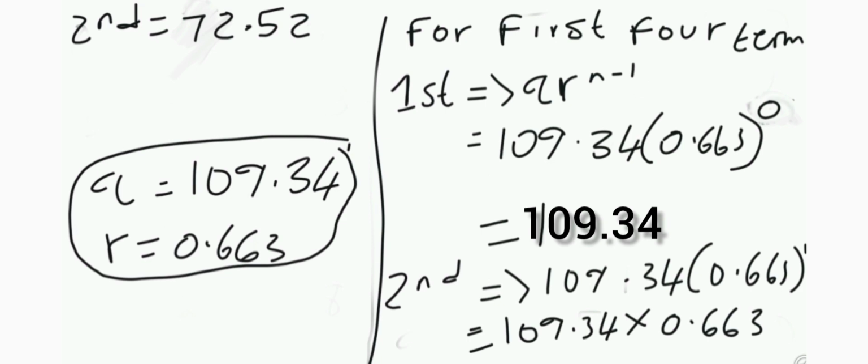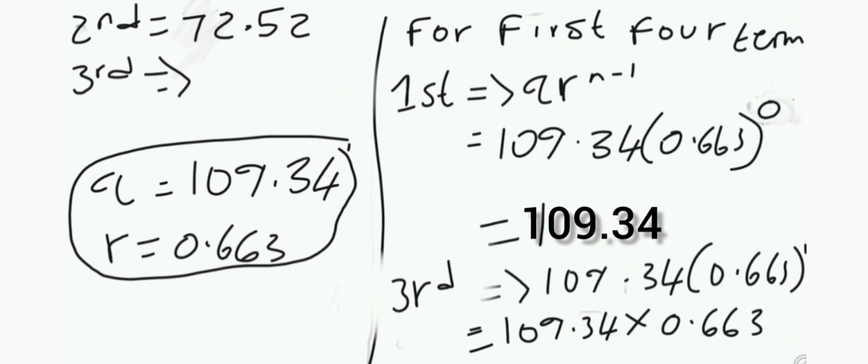Okay, now we are to look for the third term. By now you should be able to solve the third term by yourself. There should be nothing hard for you anymore to solve. It's very simple now. What you just do is the first term, which is 109.34, times the common ratio, which is 0.663, raised to power n. n now will be 3 minus 1, which is 2.